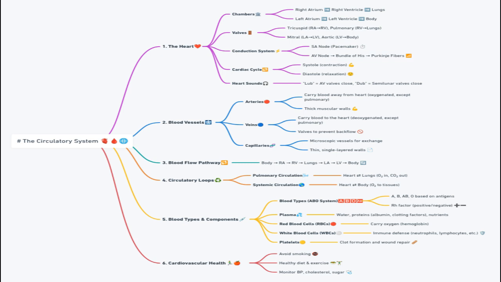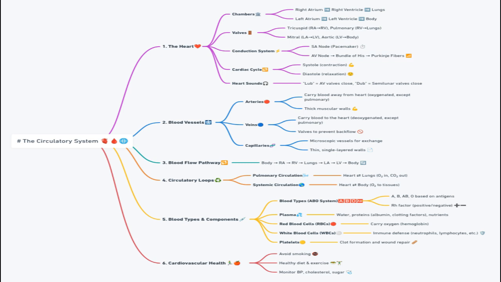Right, so the stroke volume of blood pumped during each heartbeat, compared to that of the heart rate, or the number of times the heart beats per minute, constitutes the cardiac output.